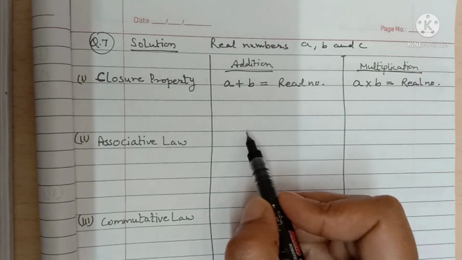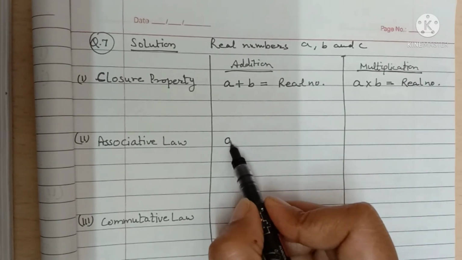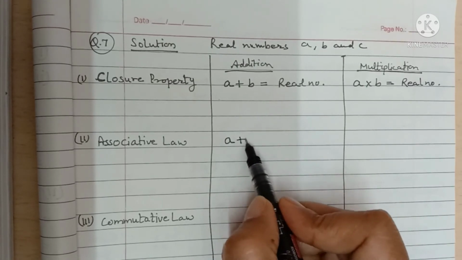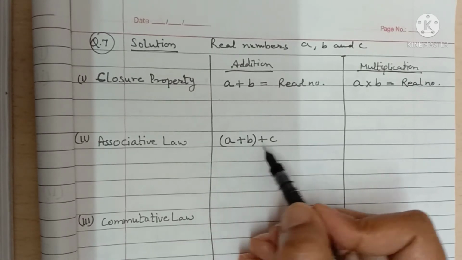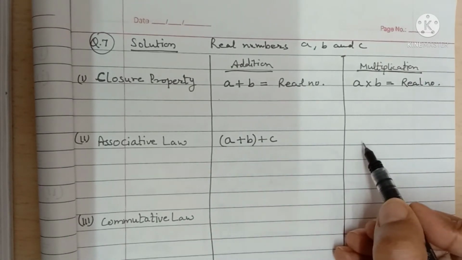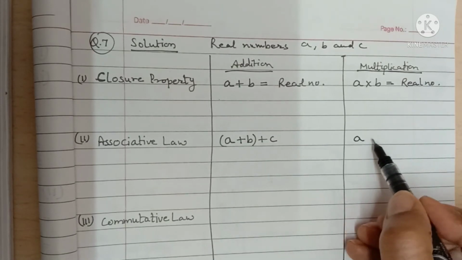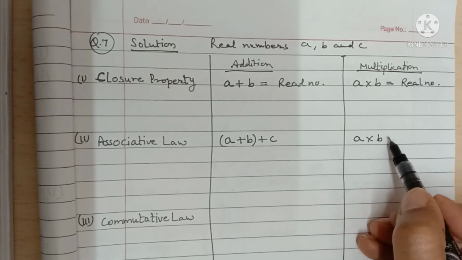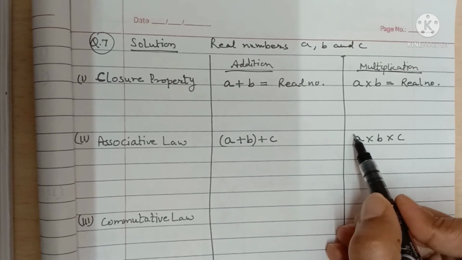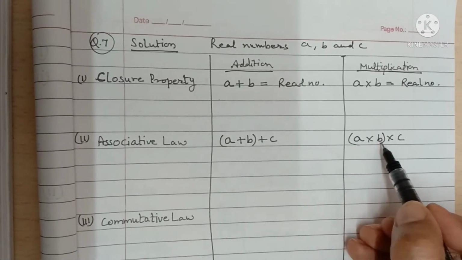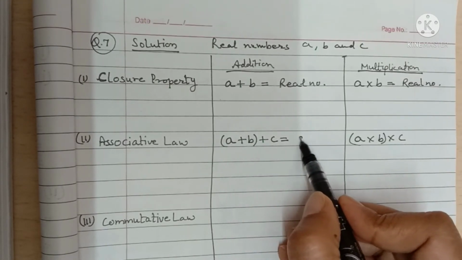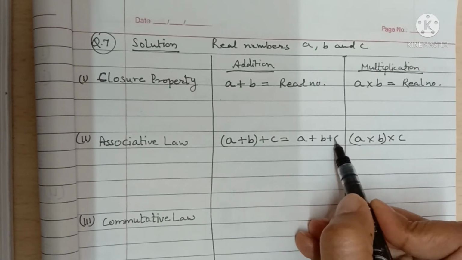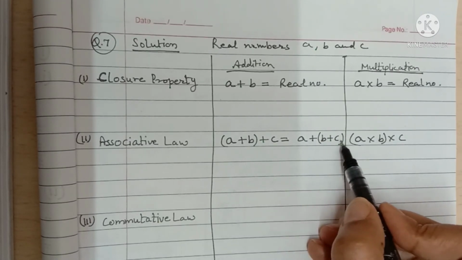Here A, B, C are three real numbers. For addition, we first take a group of A plus B, then plus C, and for multiplication, A into B into C. We are grouping the first two real numbers, and we will get the same result as when we group B plus C first.